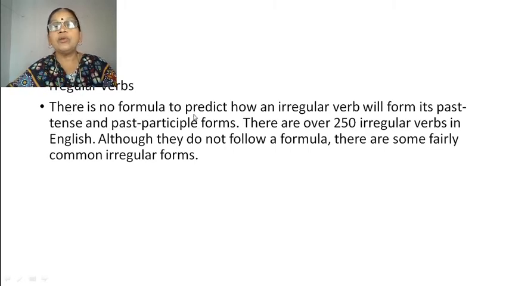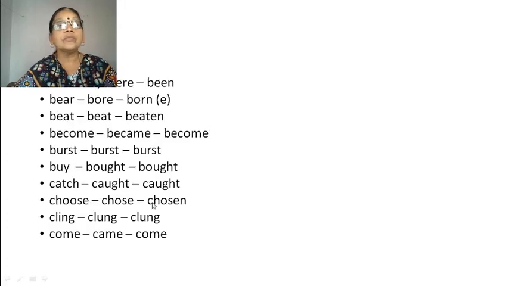There is no formula to predict how an irregular verb will form its past tense and past participle forms. These are some words for irregular verbs. Be, was or were, been. Bear, bore, born.